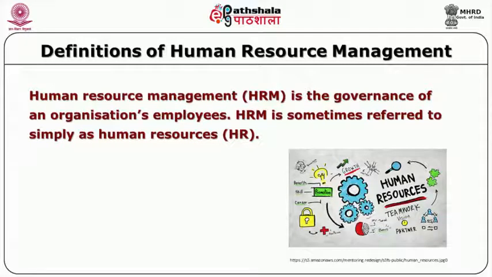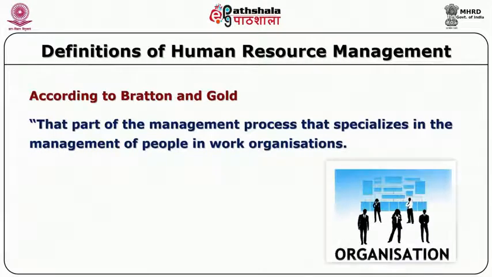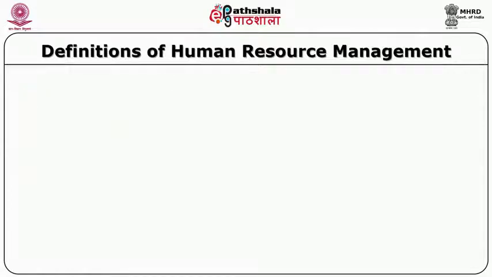Human resource management is sometimes simply referred to as human resources. According to Bratton and Gold, human resource management is the part of the management process that specializes in management of people in work organizations. Let us see some more definitions of human resource management.